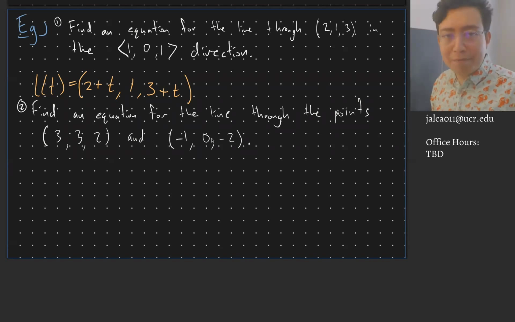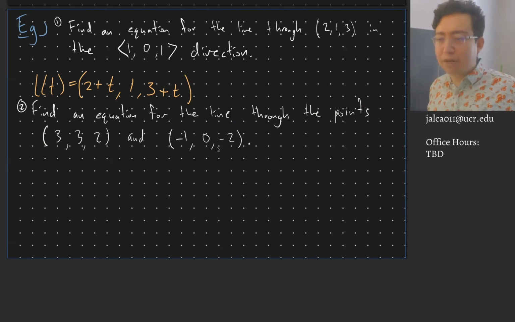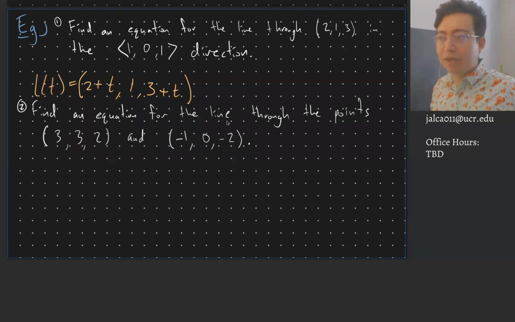But as I mentioned yesterday, the homework and the textbook like to use parentheses for both points and vectors, kind of interchangeably. Because of that, you're always going to see parentheses in the textbook or on the online homework, so you have to read the questions carefully to make sure what version of the problem you're getting. Are you getting a point in a certain direction, or are you getting 2 points? It's important that you look for that difference.